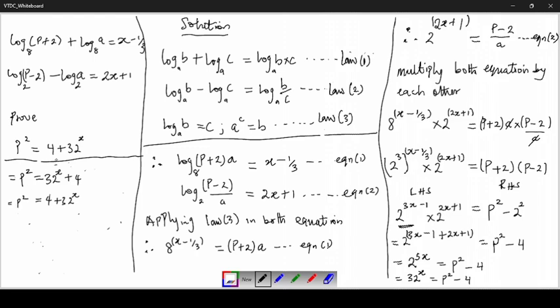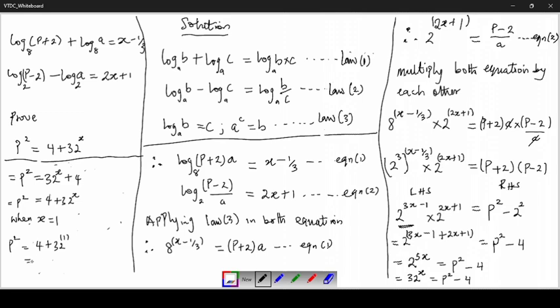So if I were to find what p would be when x is equal to 1, p squared would be equal to 4 plus 32 to the power of 1. 32 to the power of 1 will still give me 32.